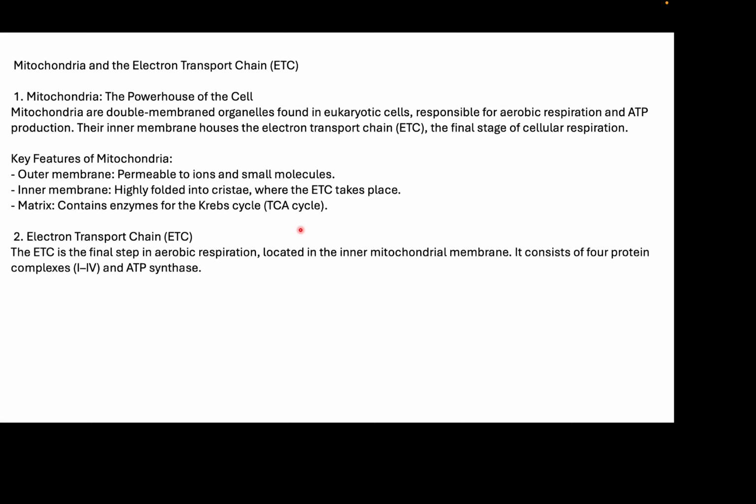If you are not from the biological background, you might not have heard about it, but if you are from biological background, you have most of the idea about electron transport chain and why it is paired with mitochondria here. So in biology, why do we eat food, right? We eat food so that we can get the energy out of it. How do we get the energy out of it?